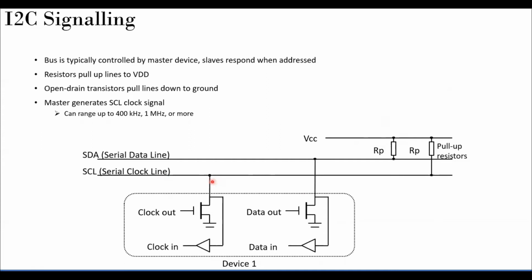So here, for example, both clock and serial data, you can pull down to ground using these options. This is the output part, and this is the input side. So it's a tri-state buffer sort of scenario.